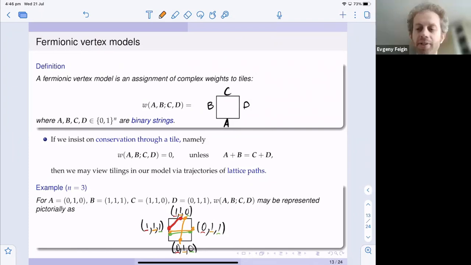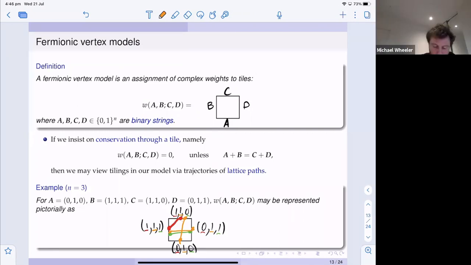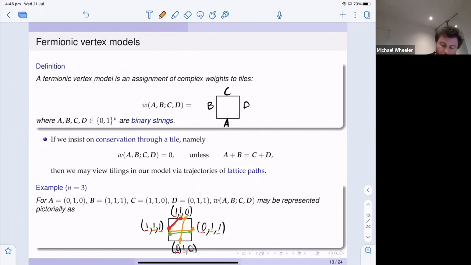Yeah. Oh, I see. And what happens if there are an odd number of ones? An odd number is possible, right? Because you are adding vectors, not individual coordinates. Well, you should never have an odd number of ones because you have this constraint here.